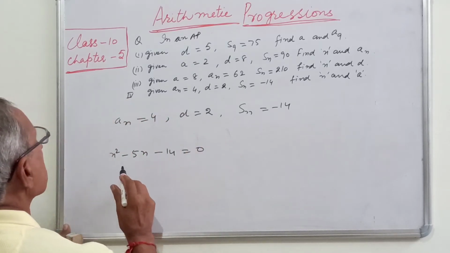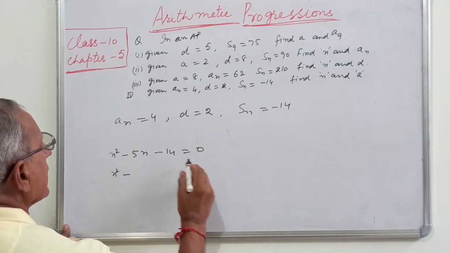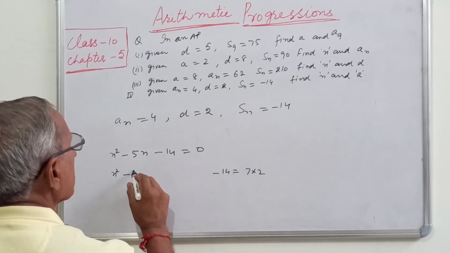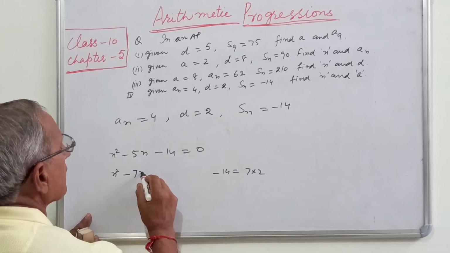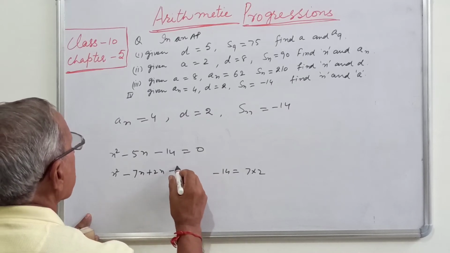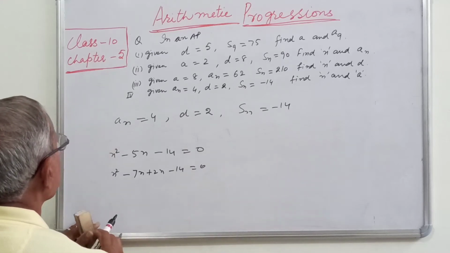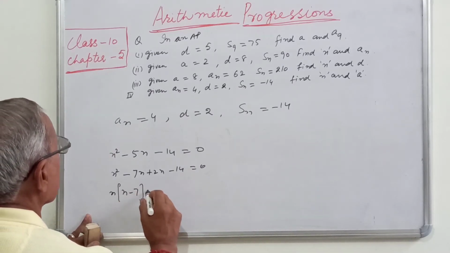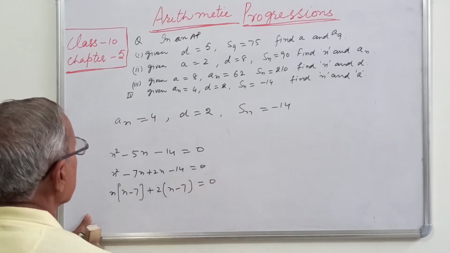So जो n square minus 5n minus 14 के फैक्टर्स हुए 7 into 2. So minus 7n plus 2n minus 14 is equal to 0.